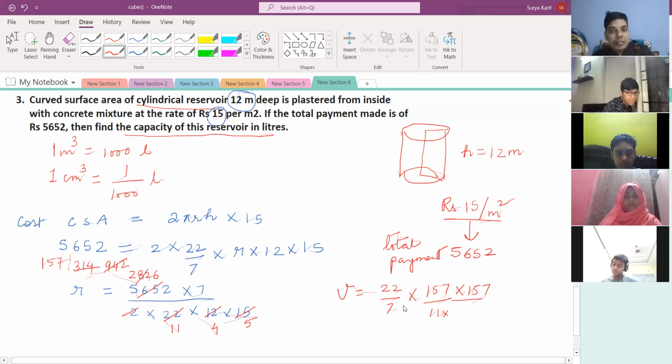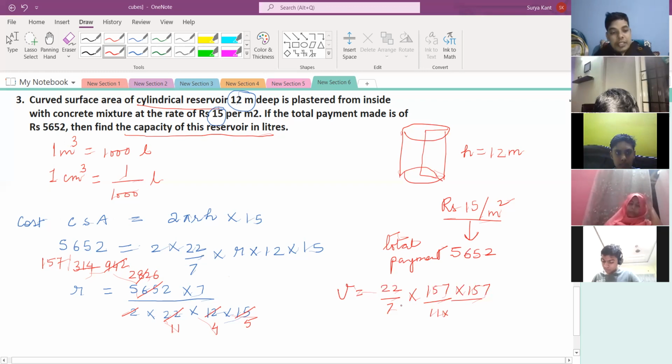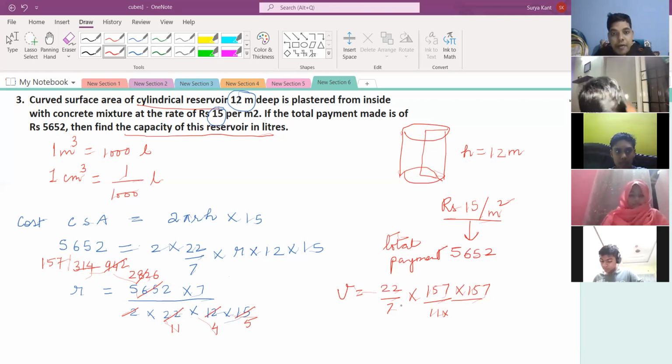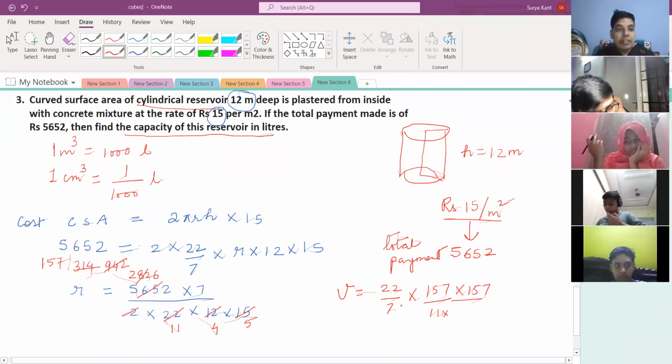Let me check the answer for this. The radius is coming 5 meters on solving this. Sir, how so? Let me check 157 into 7.